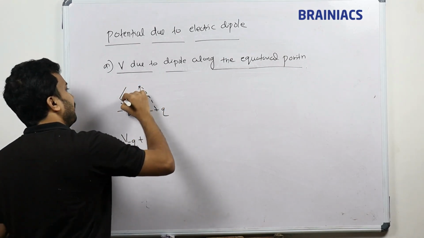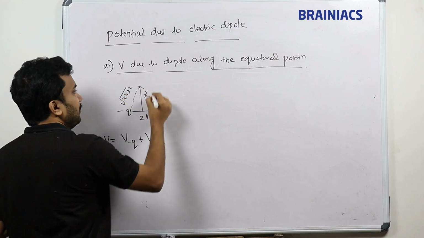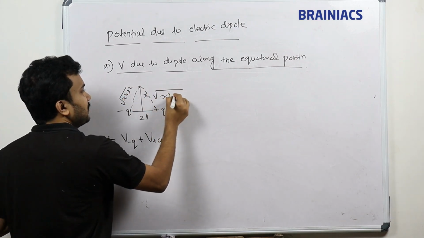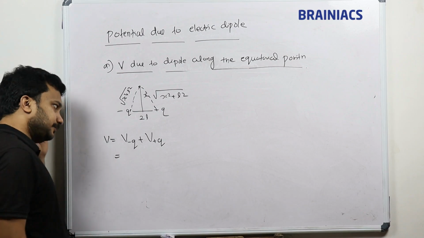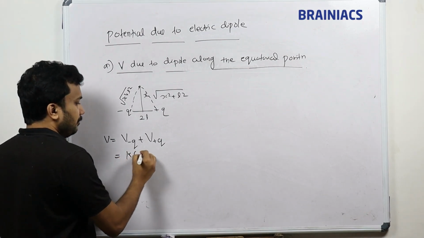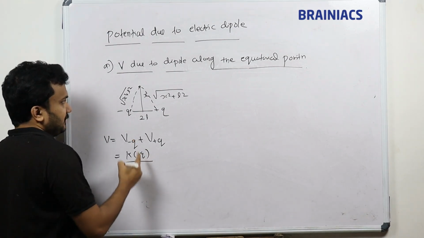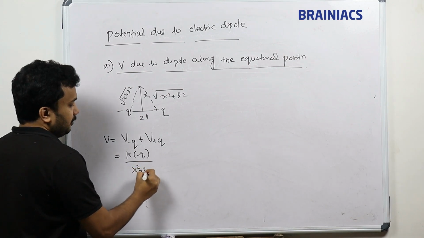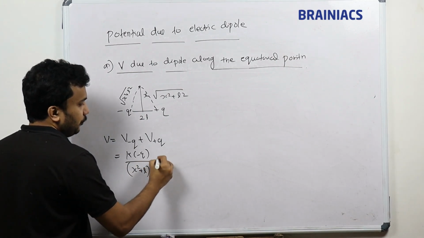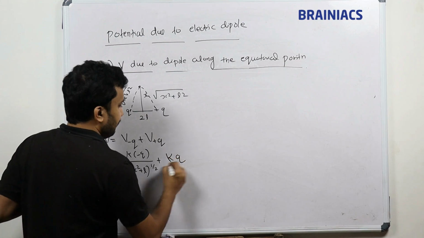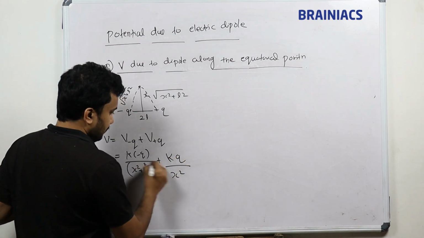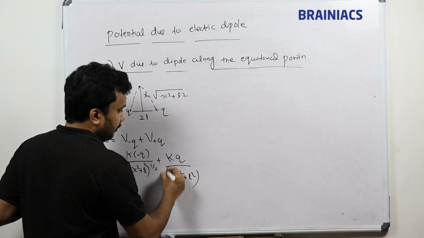This is root of x square plus L square. This is also root of x square plus L square. Correct? So k into minus q divided by (x square plus L square) whole power 1 by 2, plus k into q divided by (x square plus L square) whole power 1 by 2.